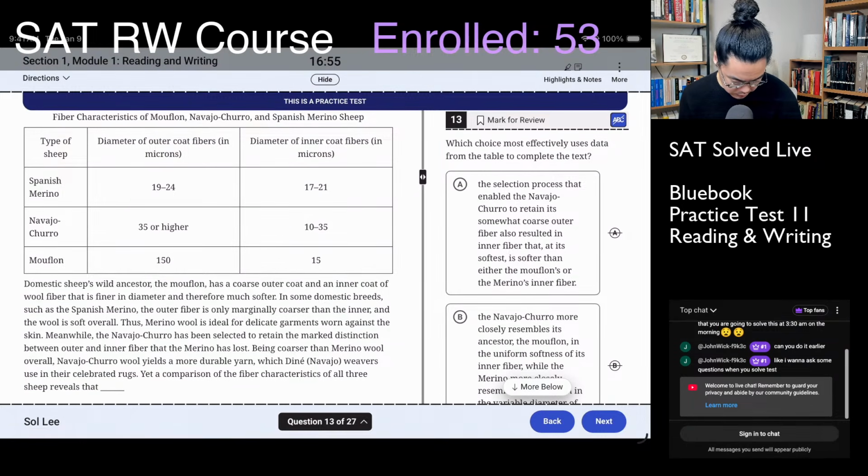Mouflon has a coarse outer coat. The finer it is, the softer it is.